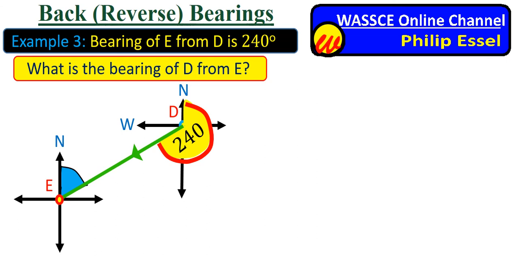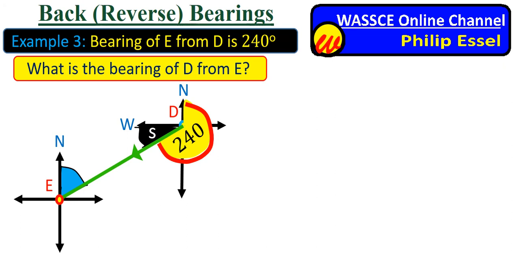To be able to do this, let's first find the value of this angle marked S, that is the black angle. To find the value of this black angle, all we need to do is to subtract 240 from 270 degrees.